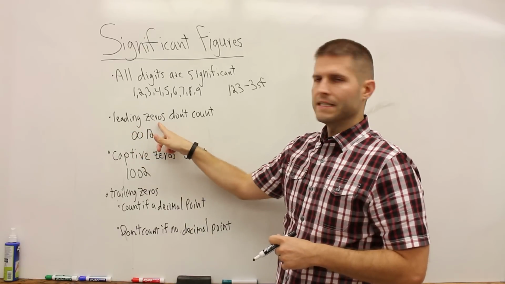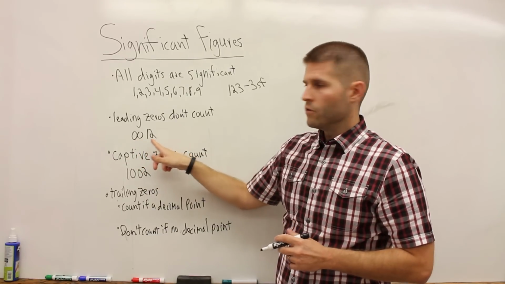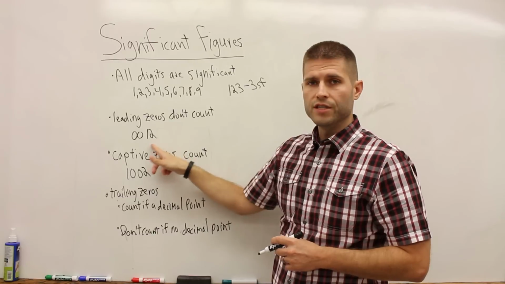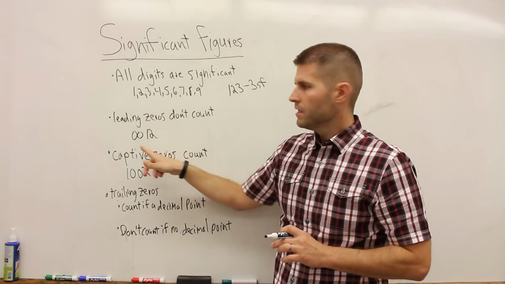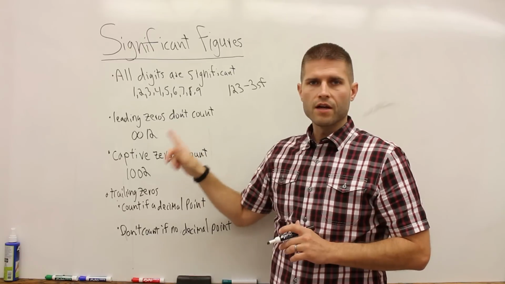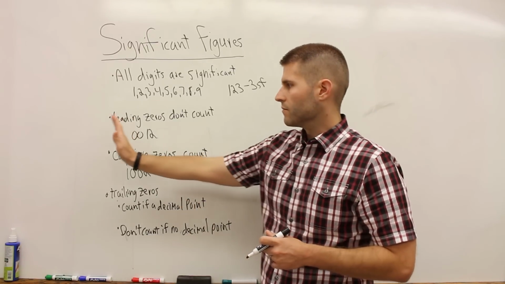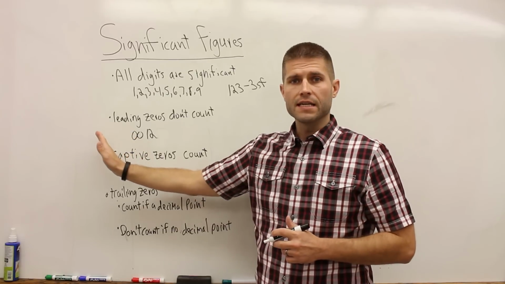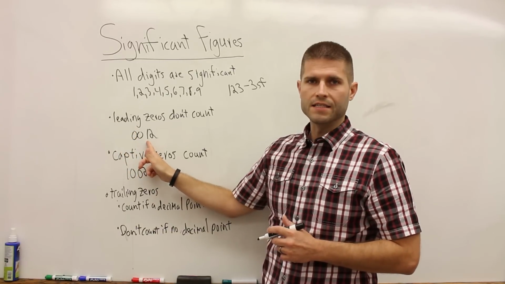All leading zeros do not count. So the number here, 0012. We know that automatically these last 2 digits that are non-zero do count, so we have at least 2 significant figures. These zeros that are in front of the number are called leading zeros. The way that we read a number is going from left to right, and we skip all of the zeros at the beginning of the number until we hit our first non-zero digit.